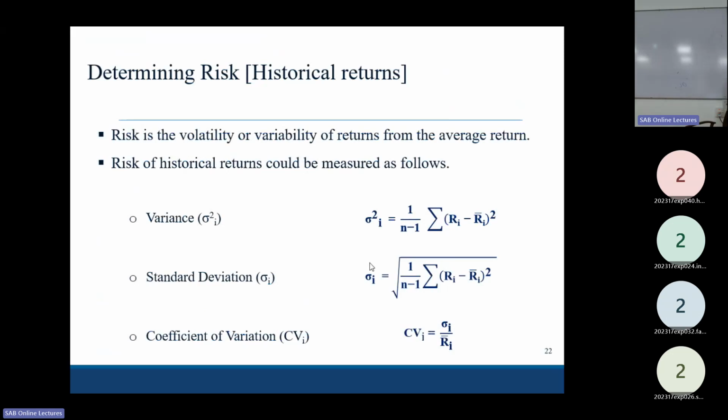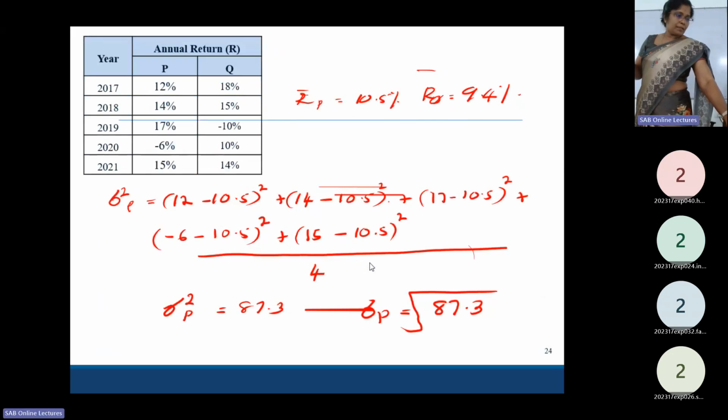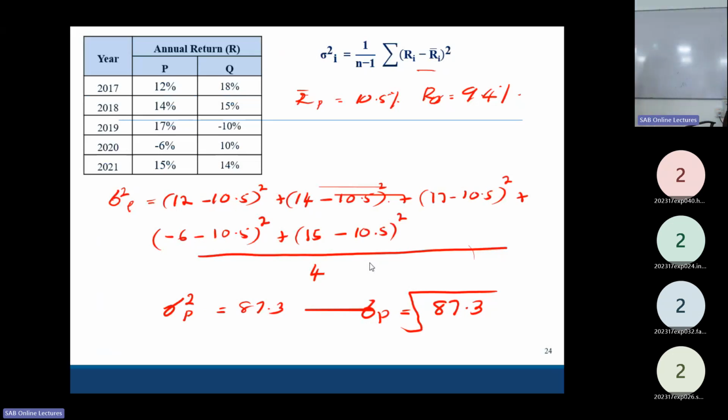Now for company P, if you calculate the coefficient of variation, our standard deviation is 9.34.